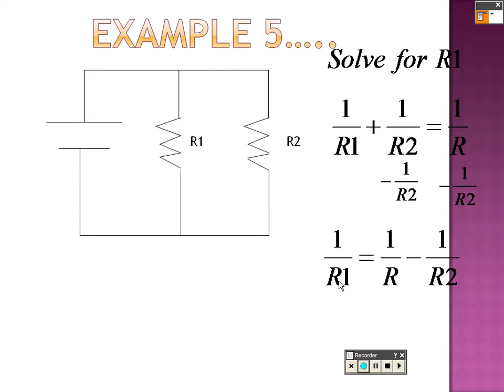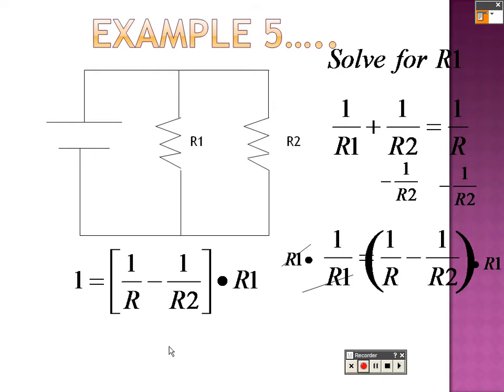I'm trying to solve for R1, which means I need to get R1 all by itself. So in order to get R1 by itself, I'm actually going to multiply both sides by an R1, because right now it's a fraction and R1 is in the denominator, so I need to somehow get it out of the denominator. So I'm going to multiply both sides by R1, leaving me with them after they cross out with this. Now I know what you're thinking. How does this help you out at all?